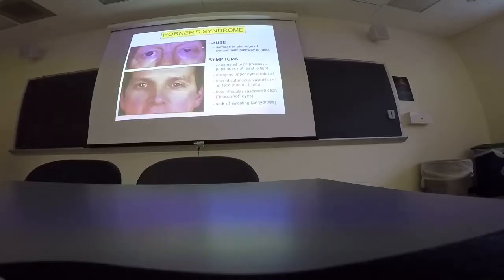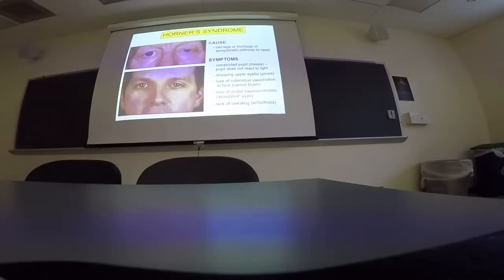A well-known problem when something happens to the sympathetics going to the head is called Horner syndrome. What Horner syndrome consists of is, for example, the person has a constricted pupil.